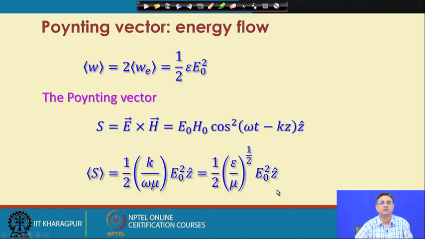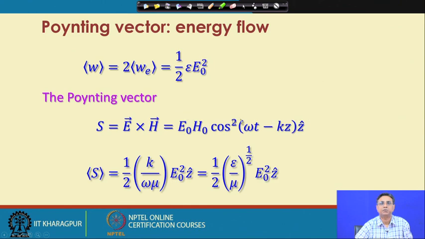So, having known this fact, we can write the total average energy density, which will be equal to twice the contribution, since it is both from the electric field and the magnetic field, equal to half epsilon E 0 square, which is again consistent with our previous information, that the Poynting vector magnitude mod S is equal to mod of E cross H, which is equal to E 0 H 0 cosine square omega t minus k z.